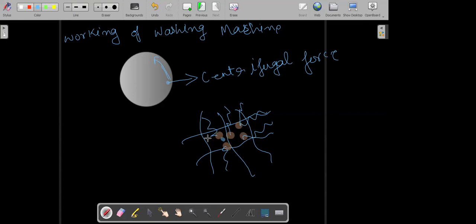Now, when the washing machine starts rotating or when it starts working, as you have seen, the machine centrifuges it. It starts rotating at high speeds. So when it rotates at high speeds, the dirt particles experience a force towards the center, whereas the clothes experience a force away from the center.